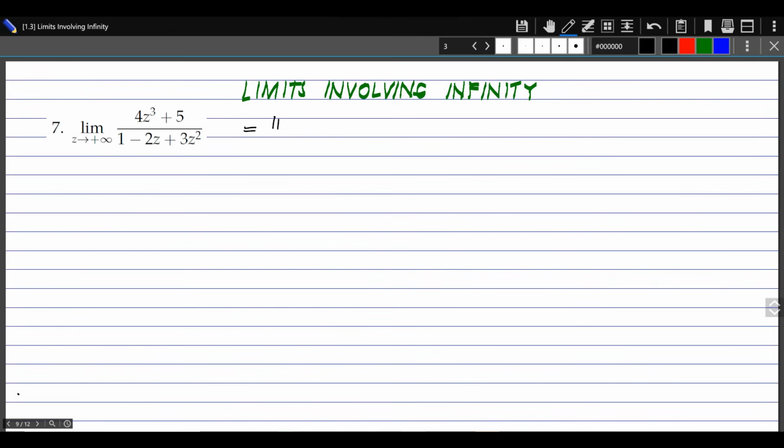So this is equal to the limit of 4z cubed plus 5 all over 1 minus 2z plus 3z squared, times 1 over z squared over 1 over z squared.